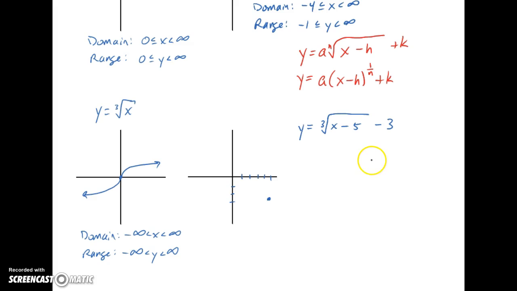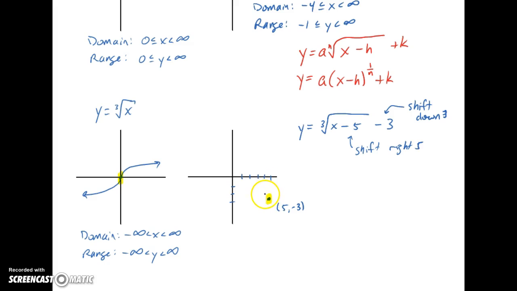So again, keep in mind what's happening is this minus 5 means we've got to shift right 5, and the minus 3 outside the function means we shift down 3 units. And so I'm going to take that center point, this guy right here, and that's what I'm going to move over to the point 5 comma -3. It shifts to the right 5 and down 3.